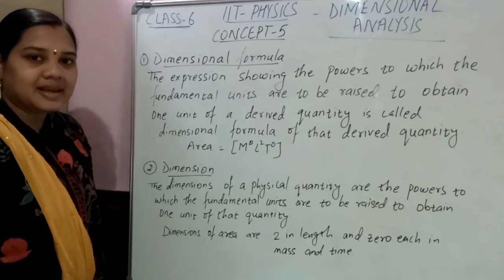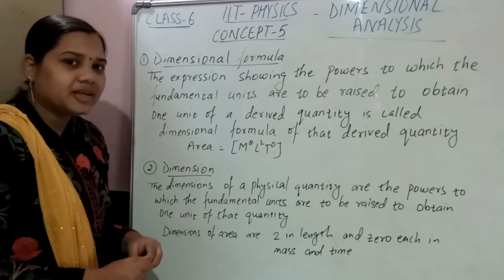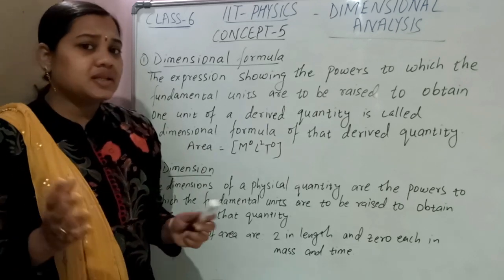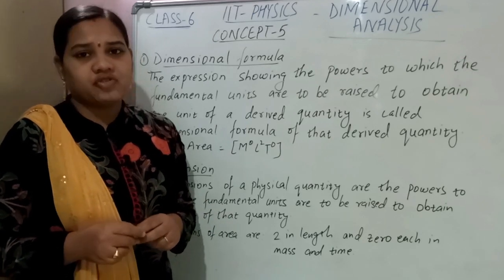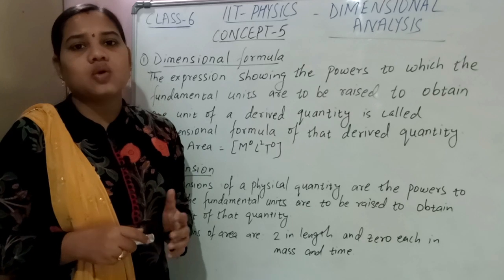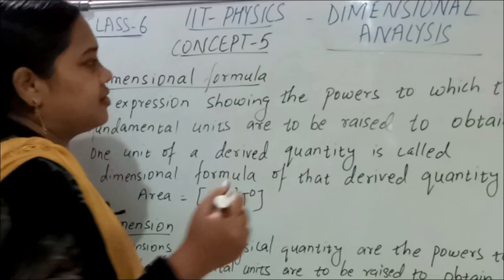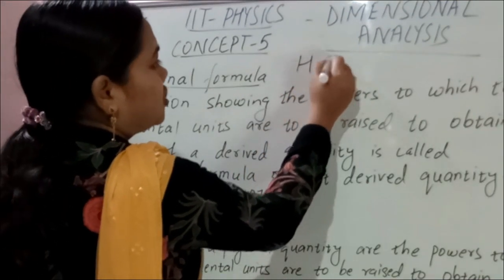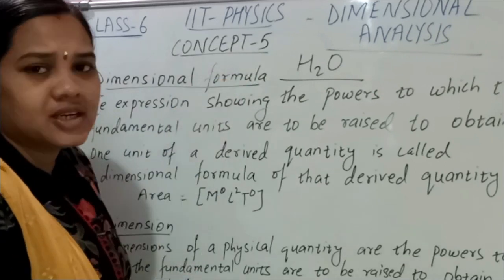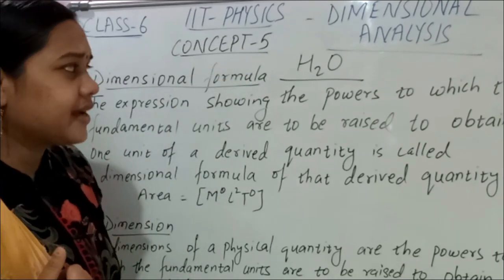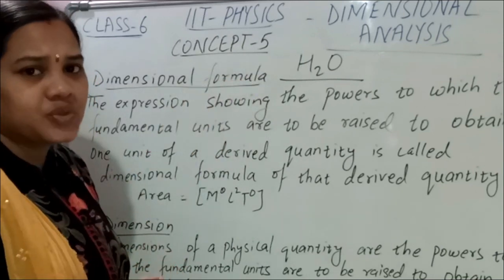Before dimensional analysis, first we must know what a dimensional formula is. Children, in chemistry you are reading the molecular formula. Suppose water. What is the formula for water? H2O. By seeing this molecular formula, what information can we get?